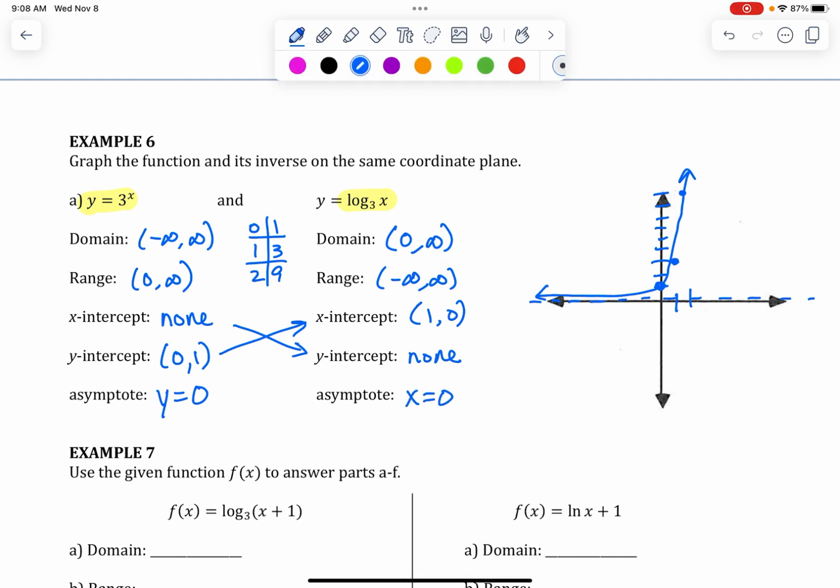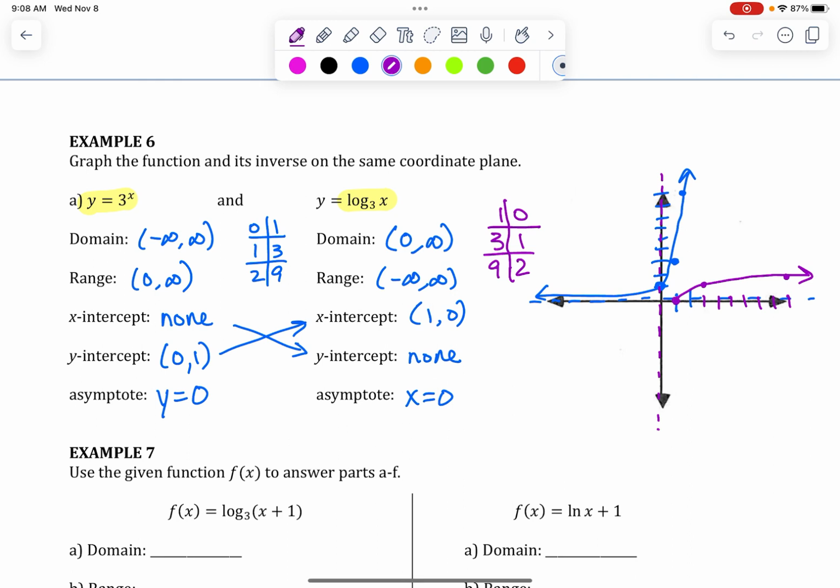So if I use a different color to draw that, I'm going to have a vertical asymptote here, and then my points are going to be reversed. So instead of 0, 1, you're going to have 1, 0. Instead of 1, 3, you're going to have 3, 1. Instead of 2, 9, you're going to have 9, 2. So 1, 0, 3, 1, 9, 2.